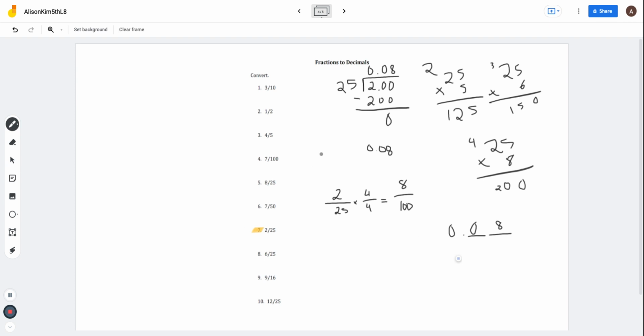Once again, we see that 0.08 equals 0.08. So number 7, 2 over 25, will be 0.08 as a decimal. Once again, there are 2 ways to solve this. You can either divide the numerator by the denominator, or you can make the denominator into multiples of 10, like 10, 100, or 1,000, to make it into a decimal.